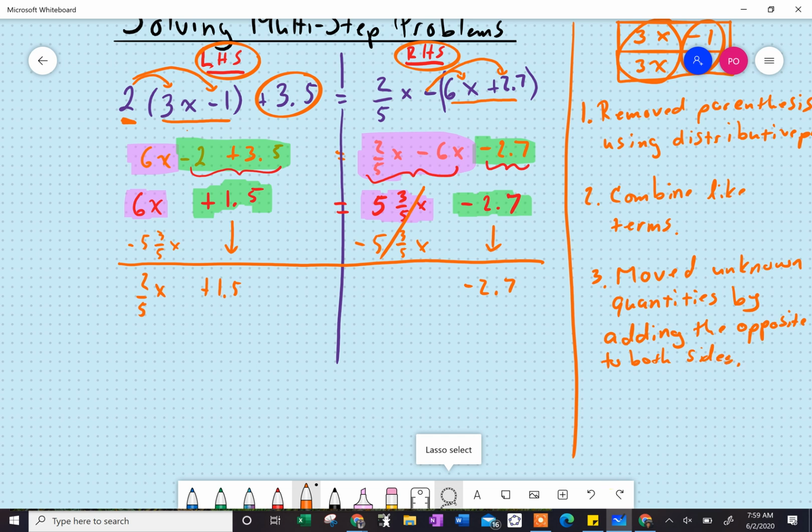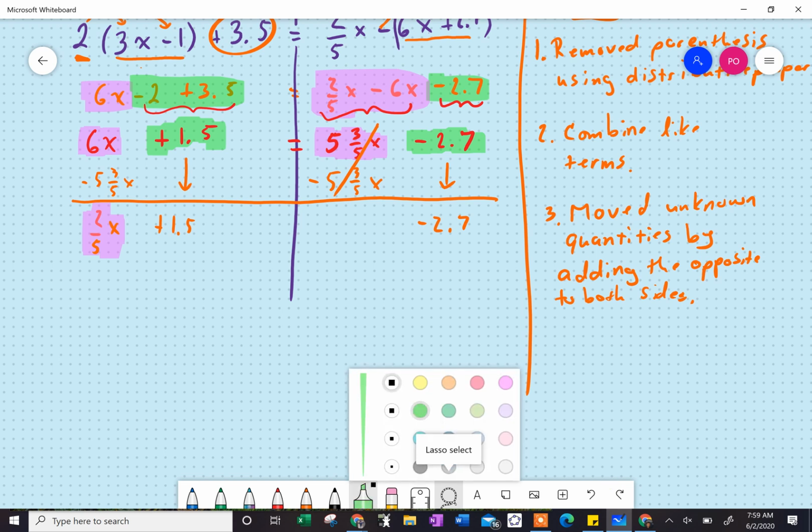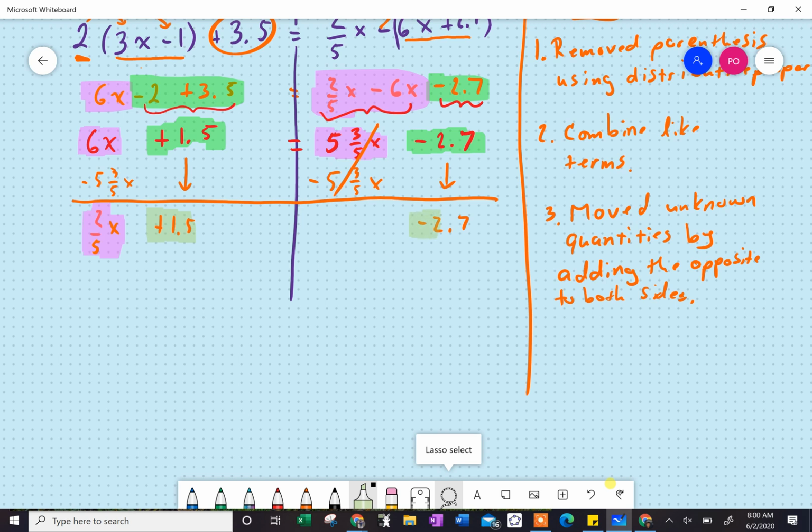And now, if you take a look, I only have one unknown term, but I still have two constants.